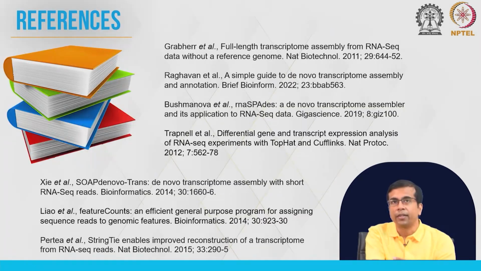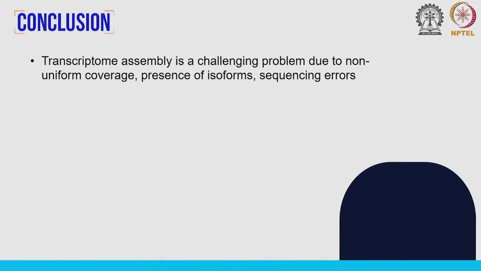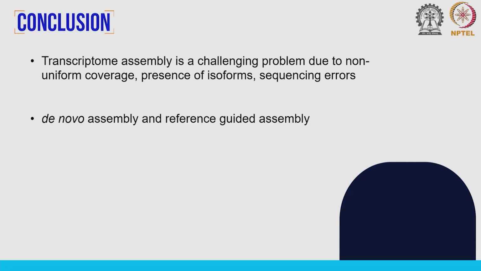Here are the references that we have used for this class. To conclude, we have talked about transcriptome assembly, and this is a challenging problem due to several issues that we have mentioned. We have non-uniform coverage, isoforms, and sequencing errors, etc. We talked about two types of assembly: de novo assembly, where there is no reference sequence, and reference guided assembly.